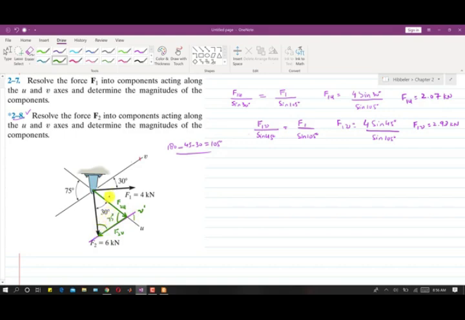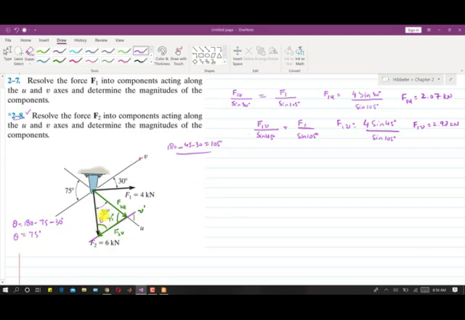If this is, let's suppose, theta, then theta is equal to 180 minus 75 minus 30, so this is equal to 75 degrees. So this is theta. Now we know these three angles, right?